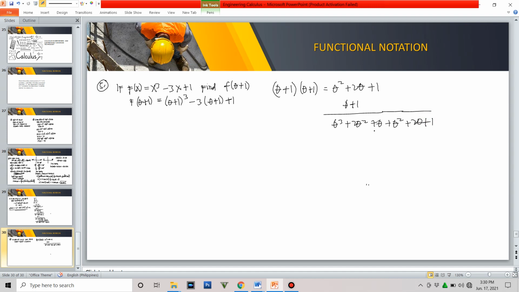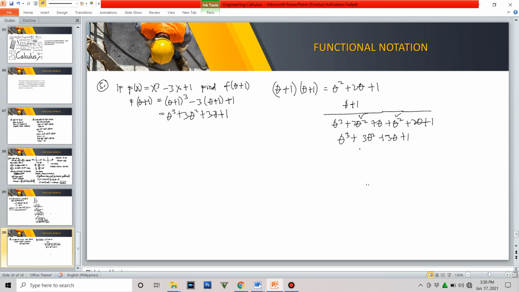So what is combined here? So theta cubed plus 3 theta squared, and then plus 3 theta plus 1.